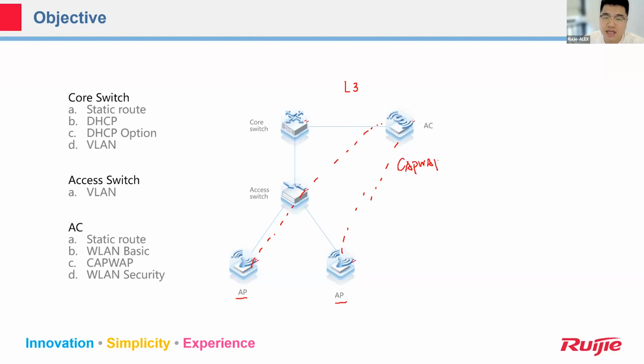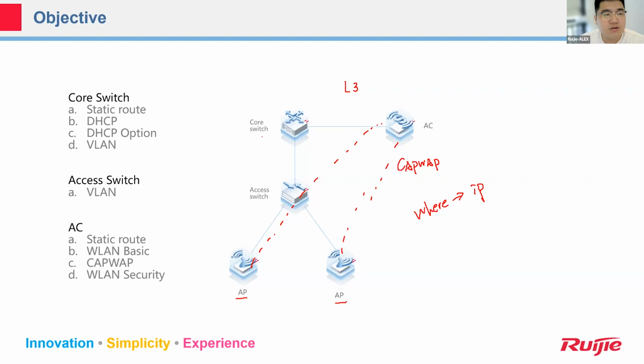And to establish a CAPWAP tunnel, the APs should know where the AC is. Here, where represents the IP address of the AC. So by using the DHCP option, we can tell all the APs that the IP address of the AC is, for example, 1.1.1.1 or another IP address, right?